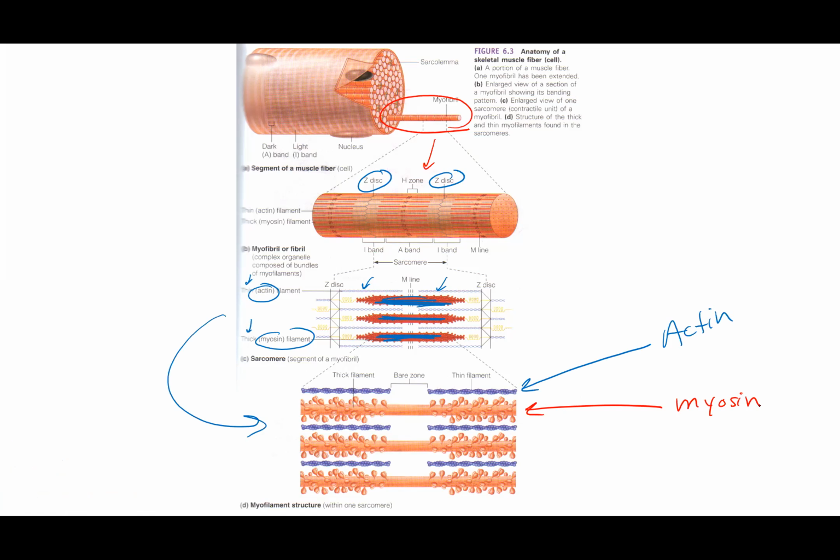Okay, these are the myofilaments, and you have 2 of them, actin and myosin, thin and thick. Okay, and these are the contractile units of your muscles.